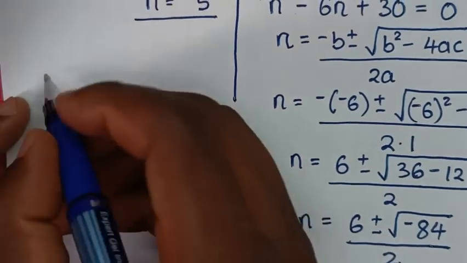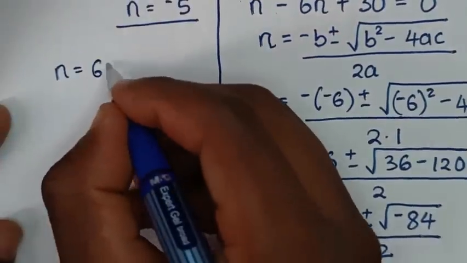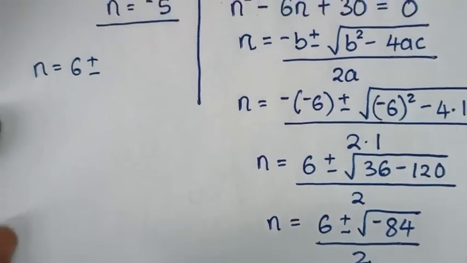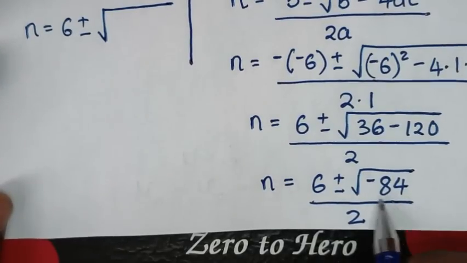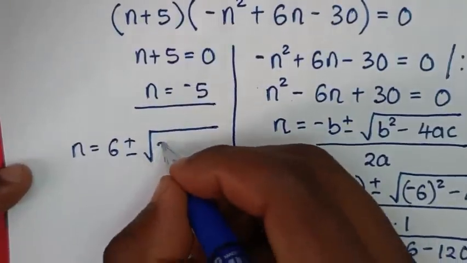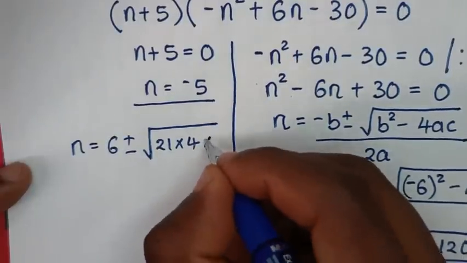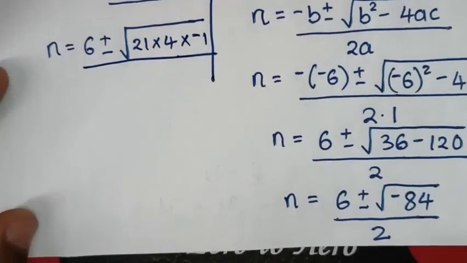Then n is equal to 6 plus or minus the square root of negative 84. 84 is the same as 21 times 4. And for the negative, we write it as times negative 1, then over this 2.